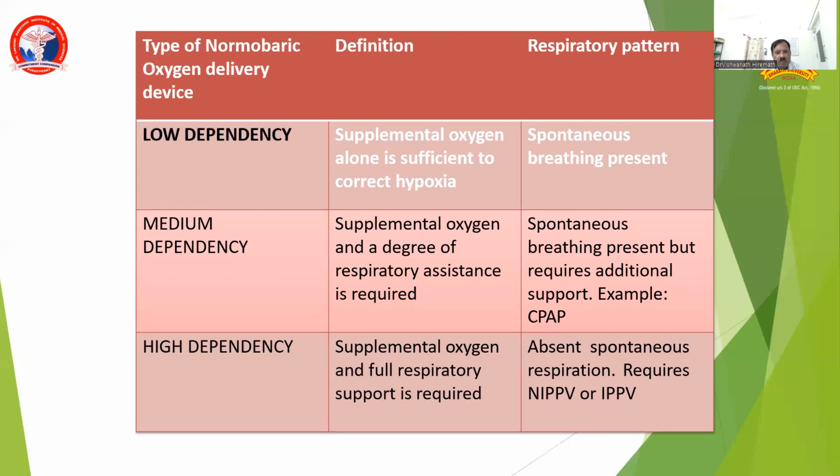For a medium dependency, the patient is spontaneously breathing but requires additional support like continuous positive airway pressure. So he requires supplemental oxygen and a degree of respiratory assistance.